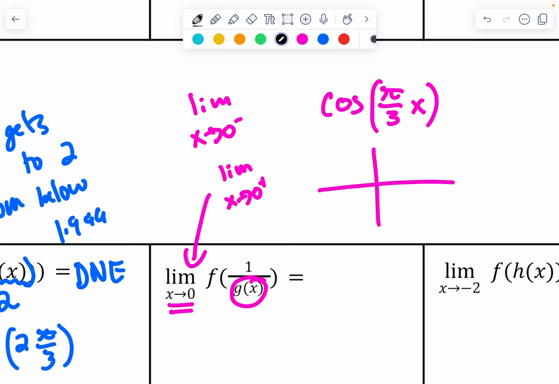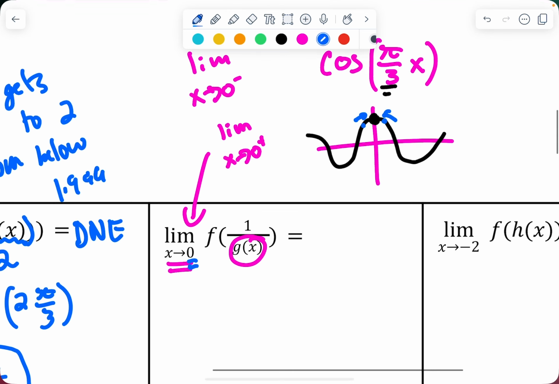and our cosine function generally looks like this. It's a little modified because of this pi over 3, but it still has this behavior around the input of 0. As we get really close to inputting 0, our outputs, regardless of which way we're coming at it from, are getting really close to 1.